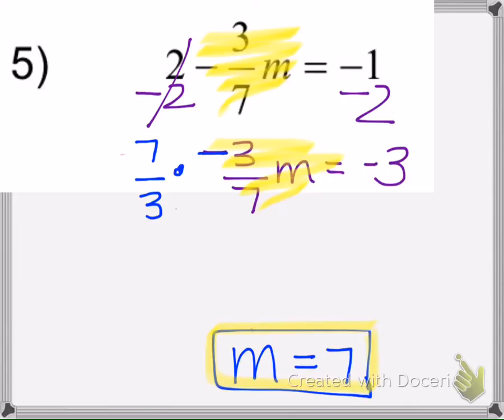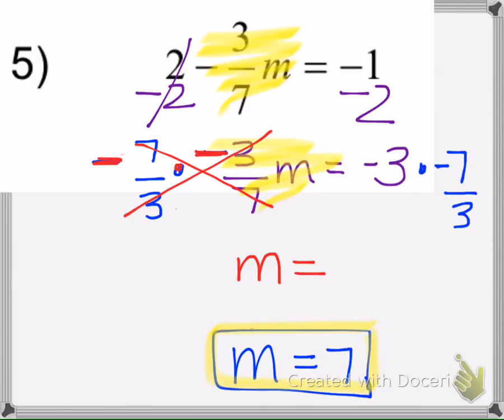And if this is negative, this has to be negative so that a negative times a negative would make a positive m on this side. So these are going to cancel. And whatever we do to the left side, we have to do on the right side. Negative times a negative is a positive.